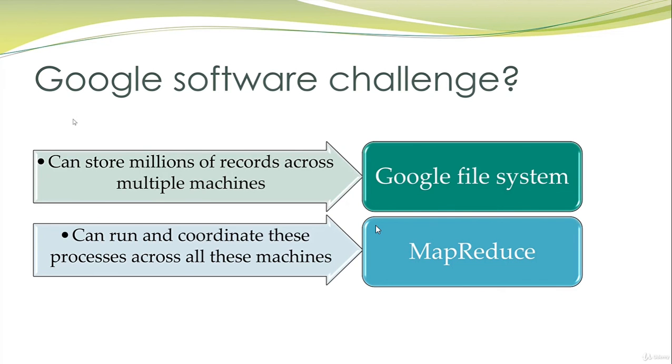MapReduce was used to solve the second problem, the problem of distributed computing: running processes in parallel across multiple machines to take advantage of the inherent parallelism in data crunching tasks, and bringing the results of these processes together to achieve something useful.